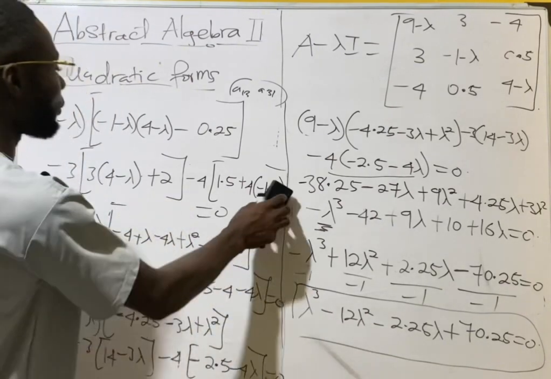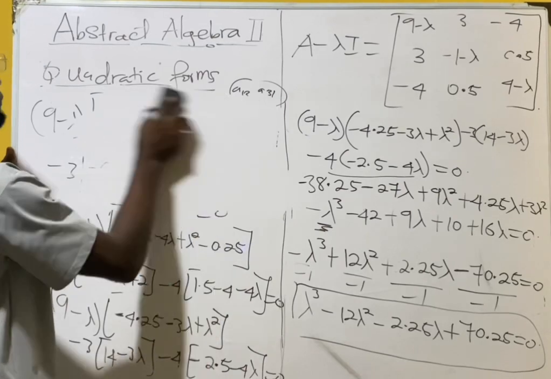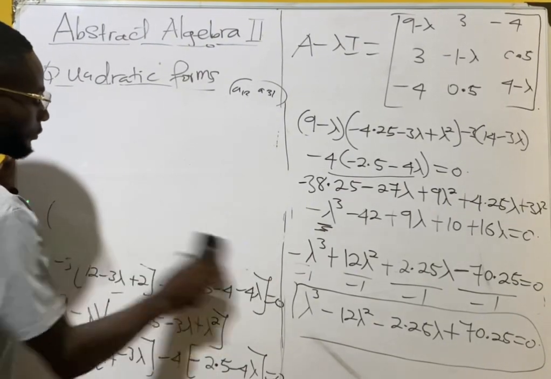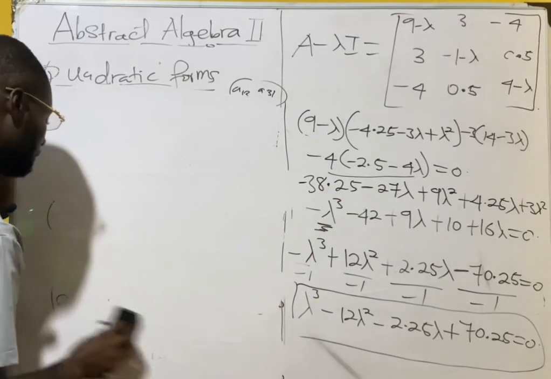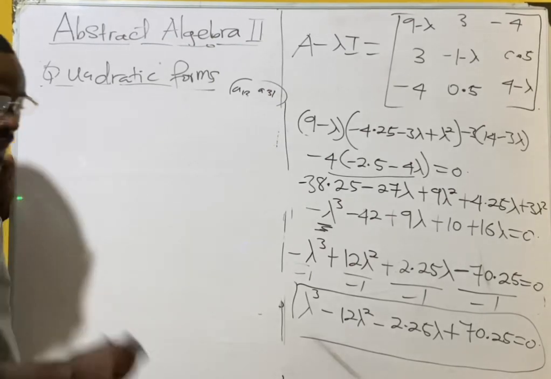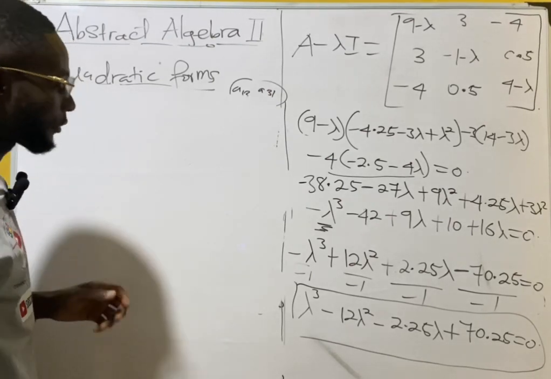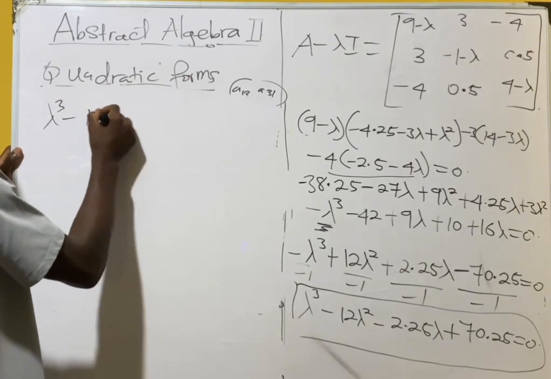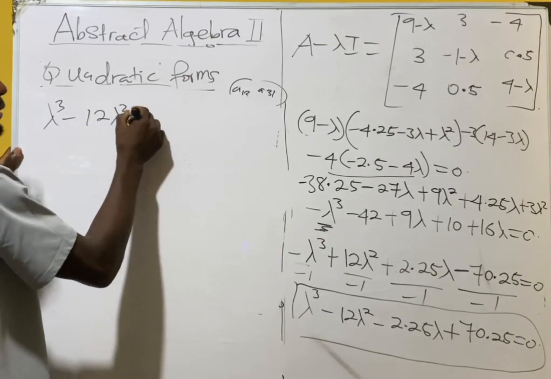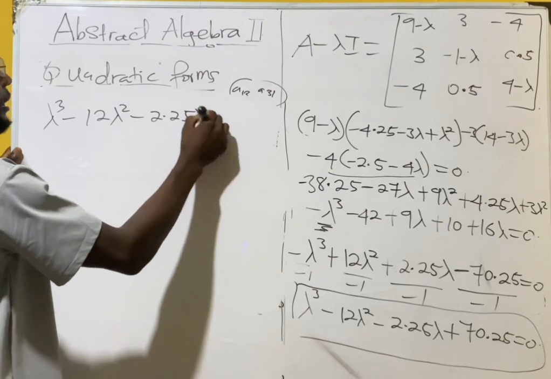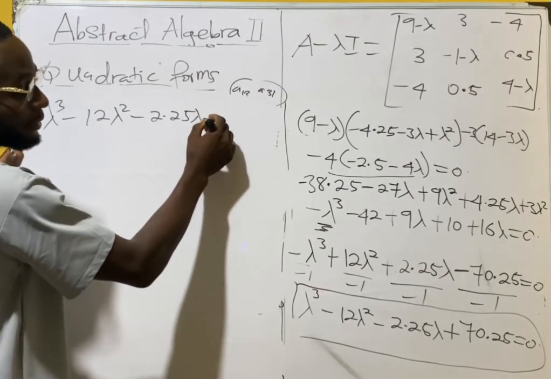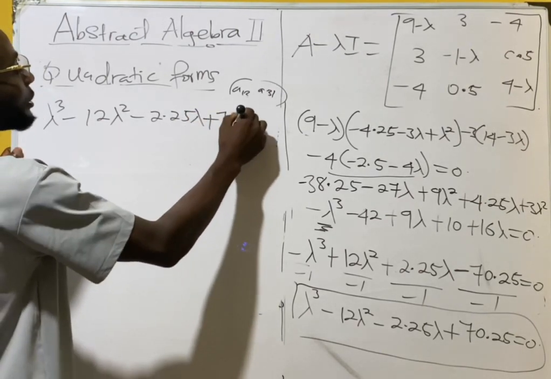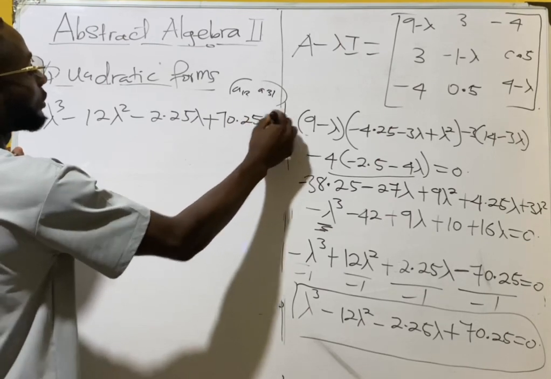So we go up here, then we say that lambda cubed minus 12 lambda squared minus 2.25 lambda plus 70.25 equals 0.